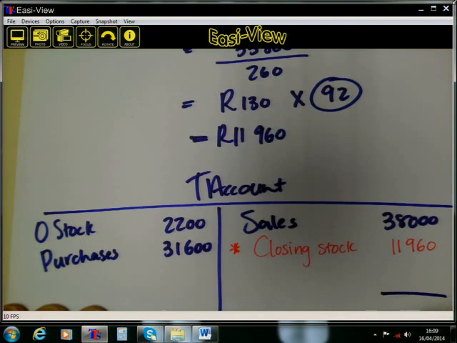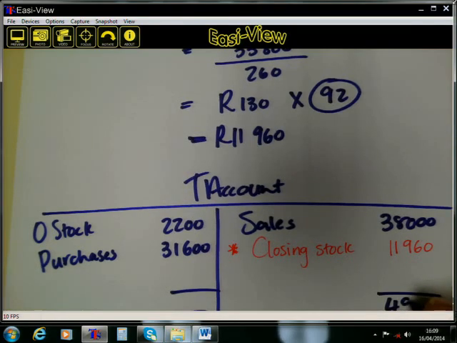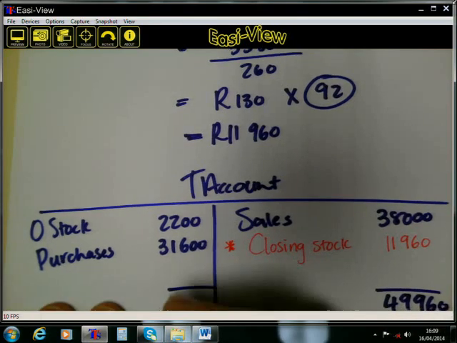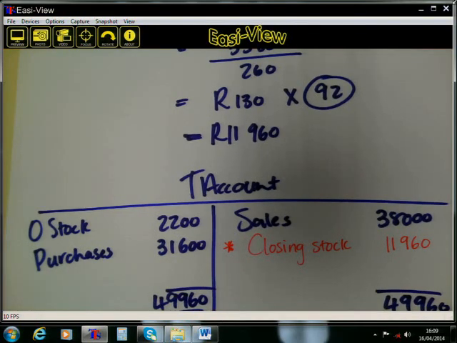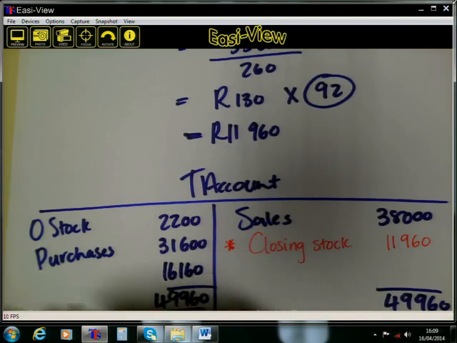So that equals 38,000 plus 11960 gives you 49960. 49960 minus 2,200 minus 31,600 equals 16160, which is your gross profit.